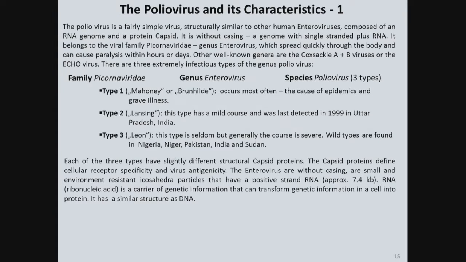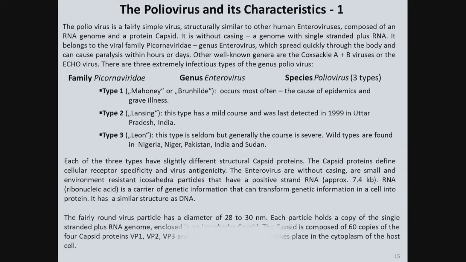It has a similar structure as DNA. The fairly round virus particle has a diameter of 28 to 30 nanometers. Each particle holds a copy of the single-stranded plus RNA genome, enclosed in an icosahedral capsid. The capsid is composed of 60 copies of the 4 capsid proteins, VP1, VP2, VP3, and VP4. The virus replication takes place in the cytoplasm of the host cell.